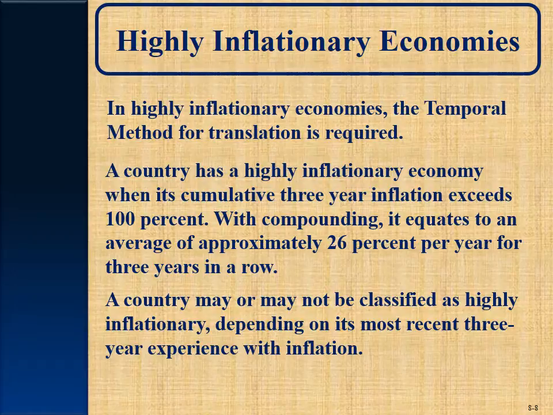So if there's a subsidiary, they mention Venezuela here, that has high inflation, when its cumulative 3-year inflation exceeds 100%. With compounding, it equates to an average of approximately 26% per year for 3 years in a row. If it is classified as highly inflationary, no matter what, you use the temporal method.